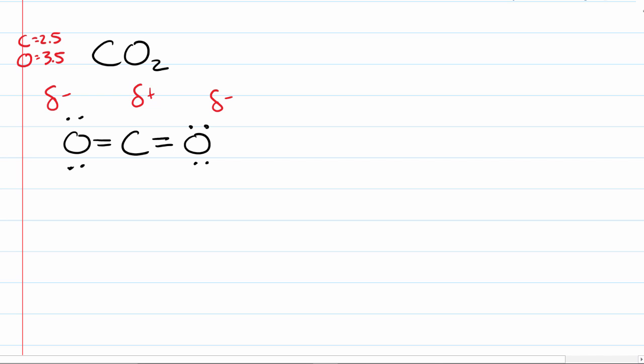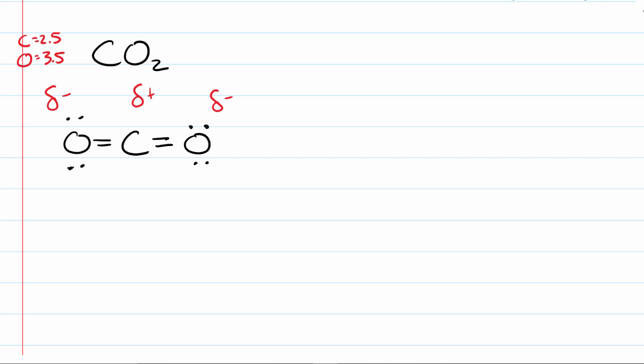So now, if we were to think about this, again, this is linear. If you're using the models, you could show this as being linear, with the carbon in the center. Then if you look at the atoms on each side, our criteria basically says that we try to take a plane and get all the partial positives on one side, the partial negatives on the other.